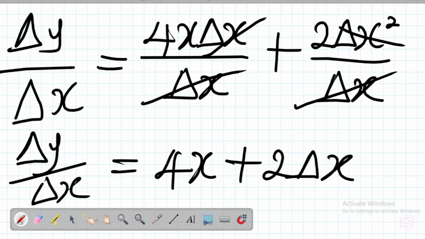Having gotten to this point, and we still have changing x at the right hand side, what we have to do next is to take the limit of changing x as 0.